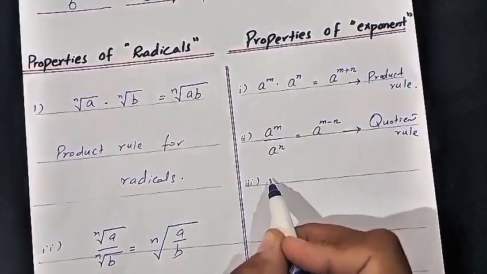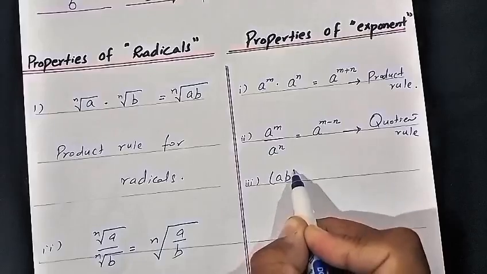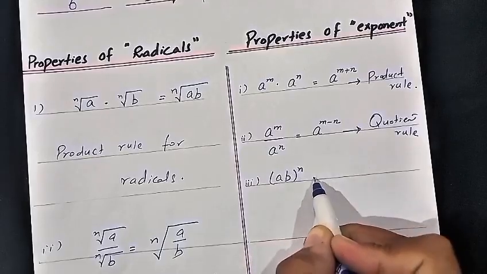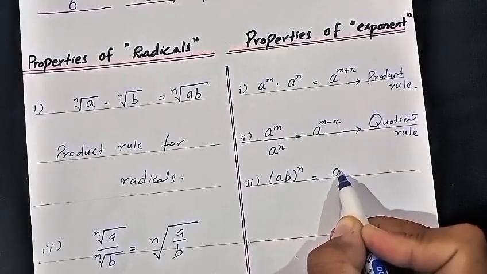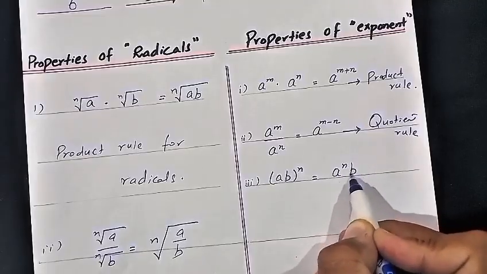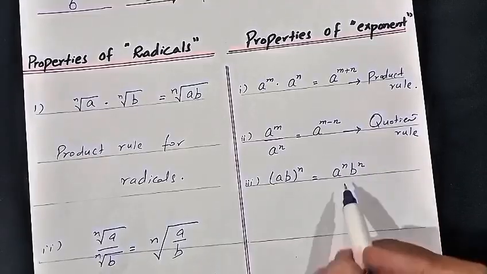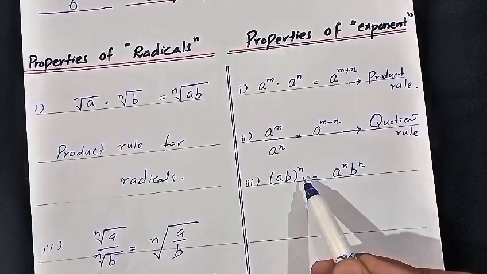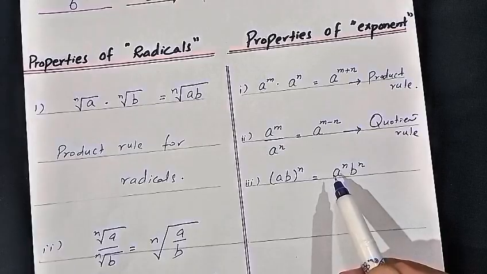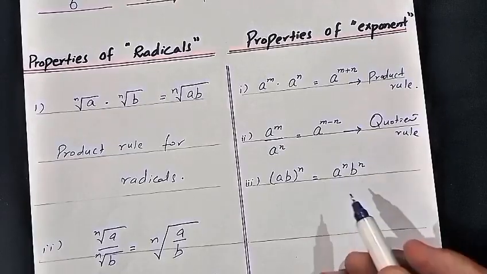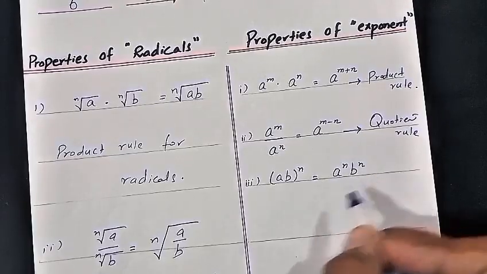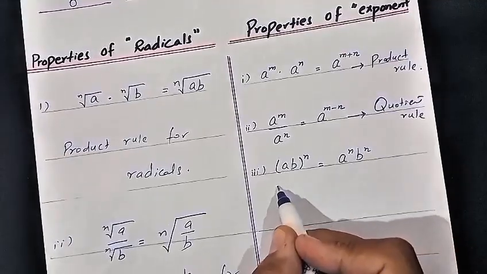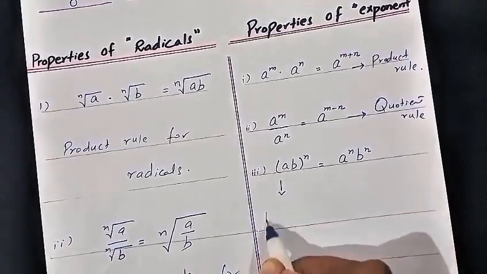Quotient rule for exponents. The third property: if two exponential terms have a common exponent n, we apply the power separately on both the numbers, that is (ab)^n equals a^n b^n.